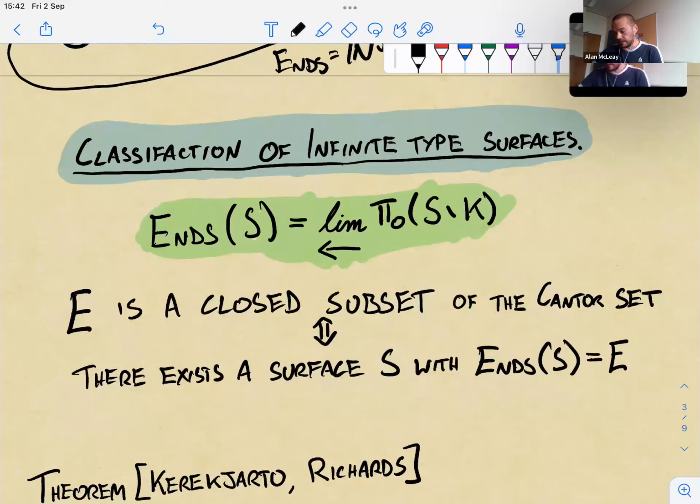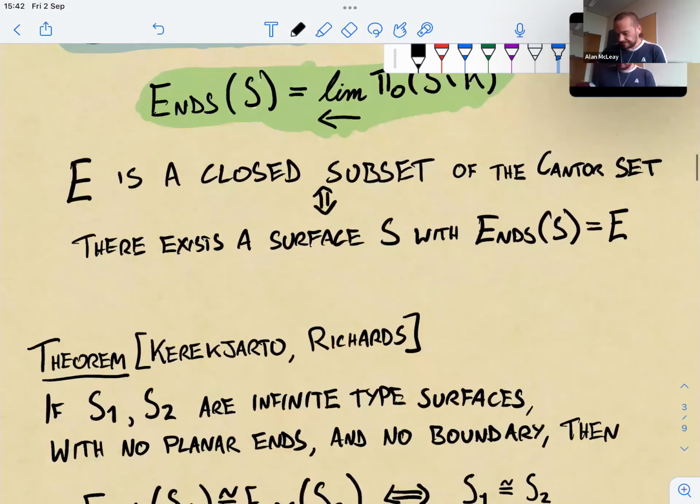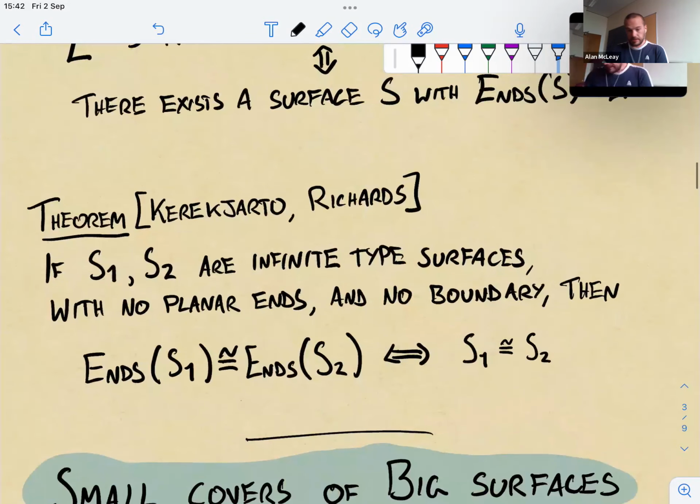So things get pretty crazy, and it isn't unique. There's not a unique surface for every closed subset. You can build surfaces in different ways that have, so two surfaces can have the same. Actually, I won't say that. I won't finish that sentence because it'll confuse the next point. The next point is exactly the opposite of what I was going to say. So this is the classification by Kerékjártó and Richards.